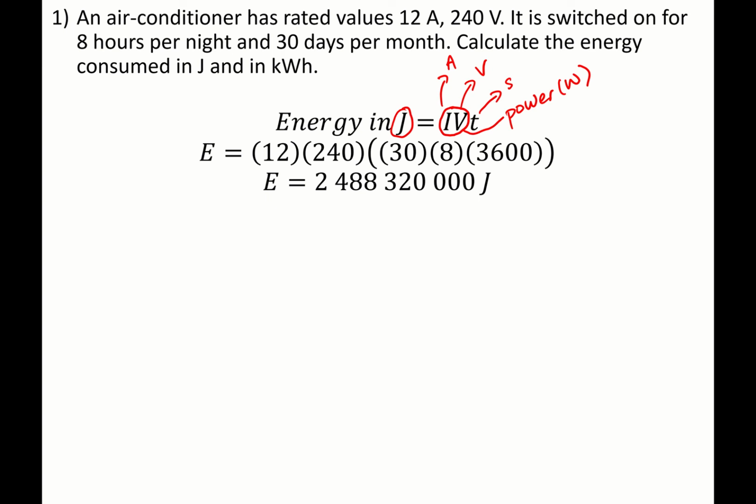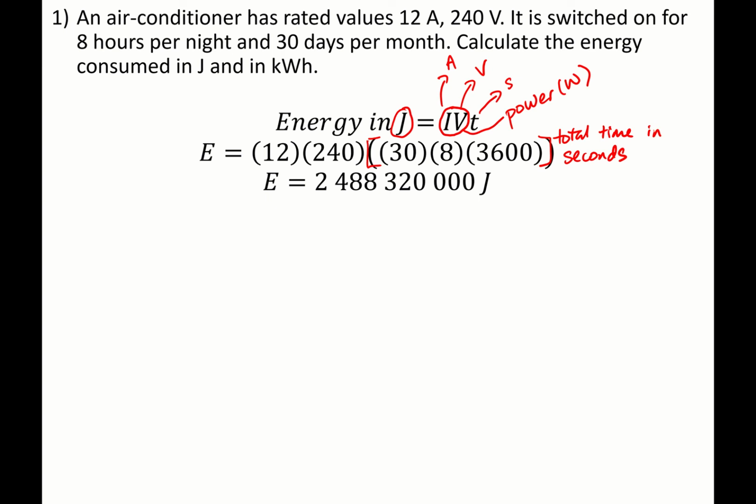And 3600, by now you should know, is the total number of seconds per hour. So 30 times 8 times 3600 is the total time in seconds for this problem.